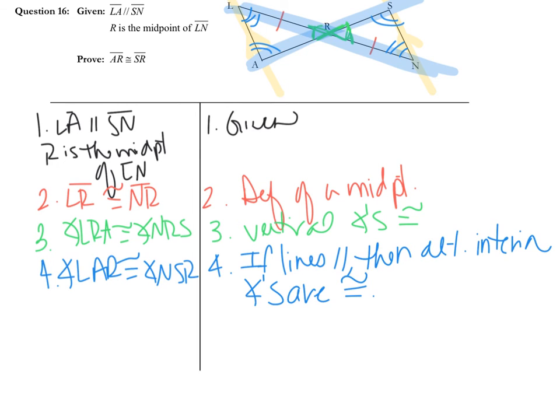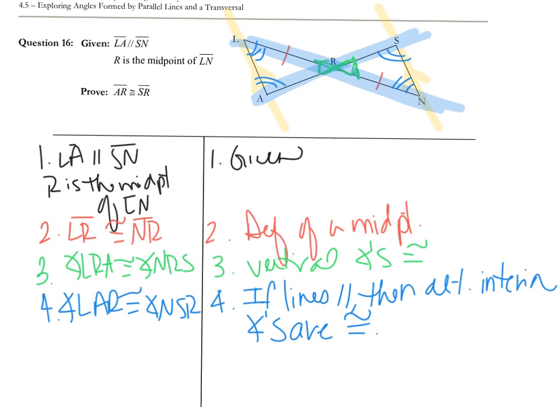Just make sure that you have the correct information. So if I were to say ASA, then I need to make sure that I had these angles listed congruent by if lines parallel, then alternate interior angles are congruent. So step 5, triangle ALR is congruent to triangle SNR.